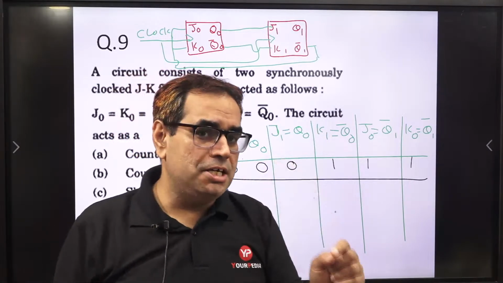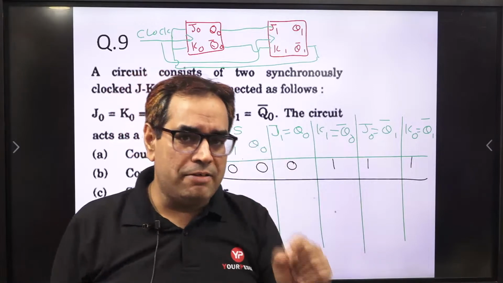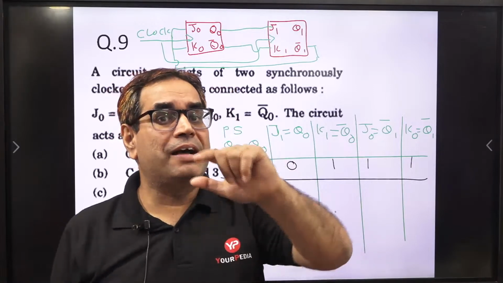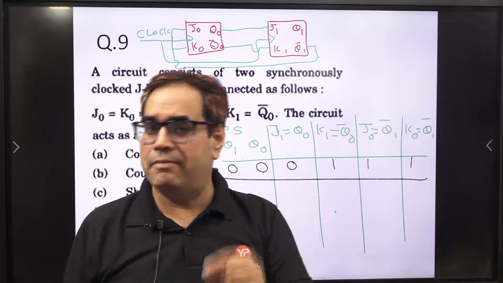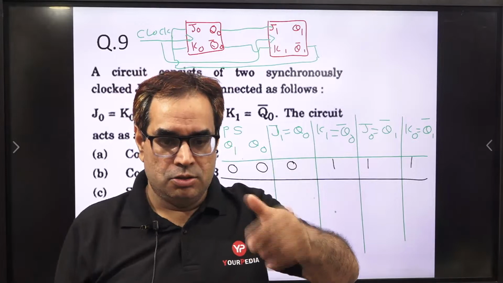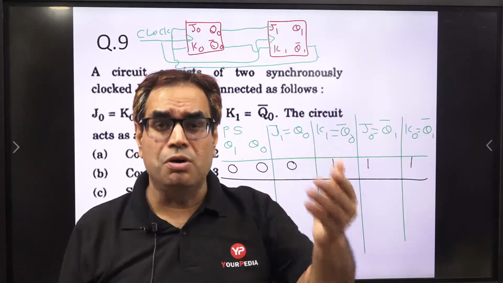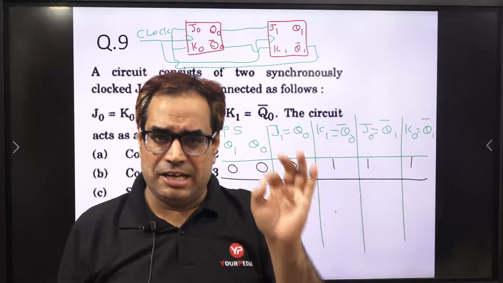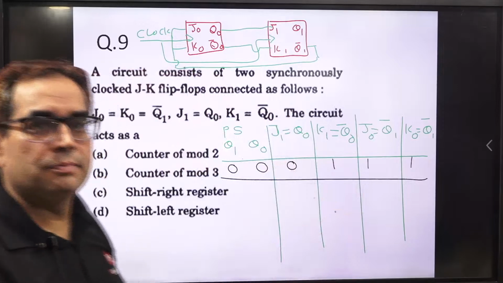In case of J0 K1 there is reset; the flip-flop resets. In case of J1 K0, the flip-flop becomes set, so output becomes 1. And in case of J1 K1, the flip-flop toggles, so it changes the state. From 0 it goes to 1, from 1 it goes to 0. This is the characteristic table, the truth table of the JK flip-flop, which we should remember, right?